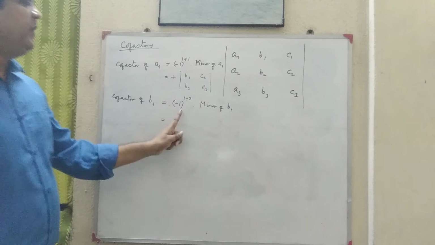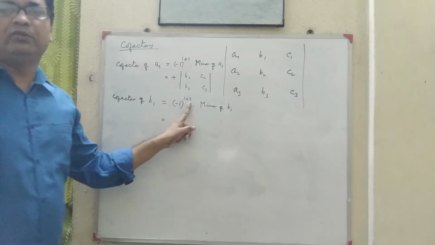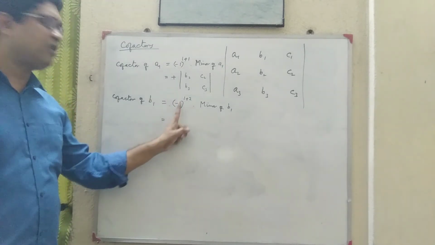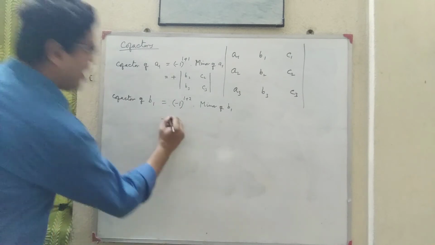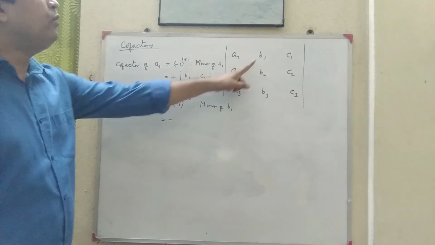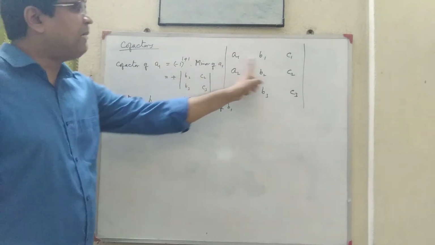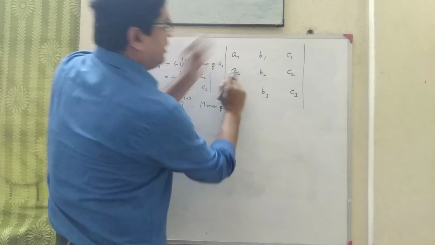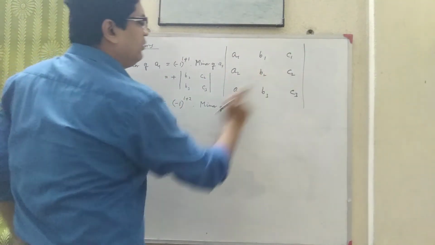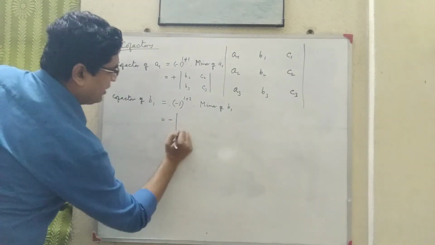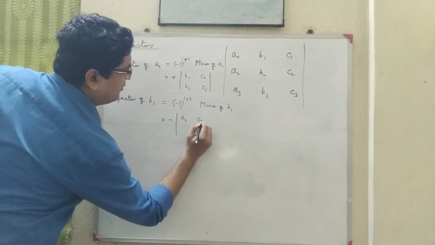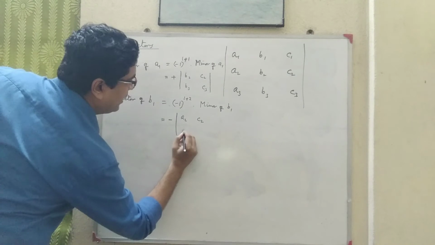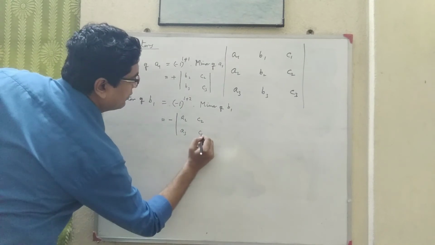So the sign will be -1 to the power 1 plus 2, which is 3, an odd number. So -1 to the power of an odd number means minus. And the minor of B1, as I said, you cover the first row and the second column, then the remaining elements A2, C2, A3, C3 in determinant form will be the minor.